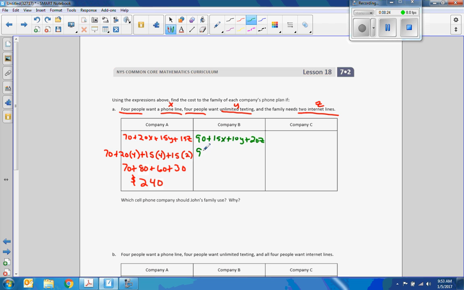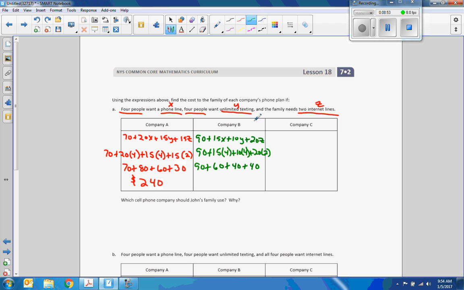So I bring down my 90 plus 15 times x, well x was 4, 15 times 4 plus 10 times y, 4, plus 20 times z. So it's 90 plus 15 times 4, which is 60, plus 10 times 4, which is 40, plus 20 times 2, which is 40.